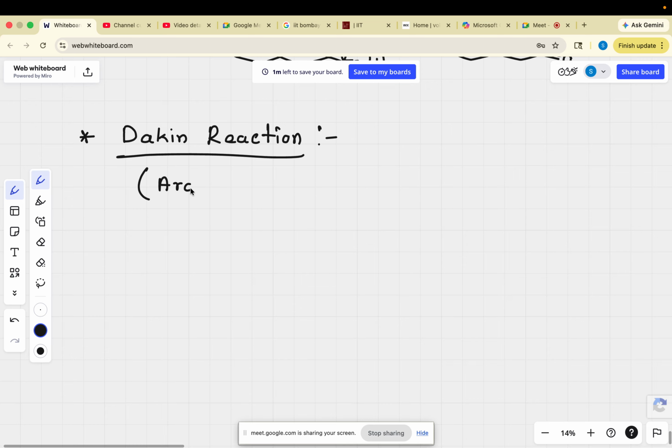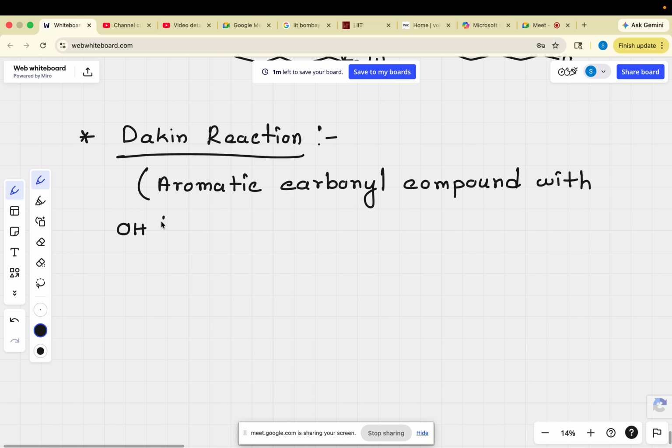Write down that aromatic carbonyl compound, aromatic carbonyl compound, with OH or NH2 at ortho or para position.